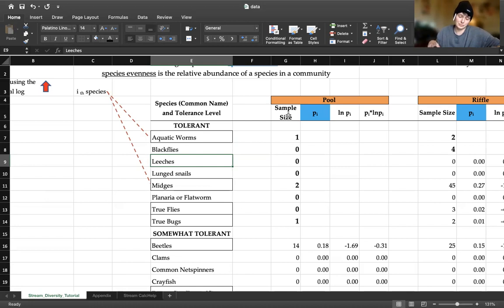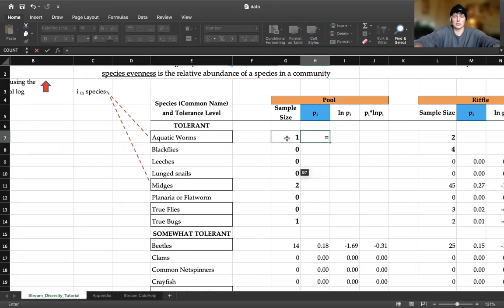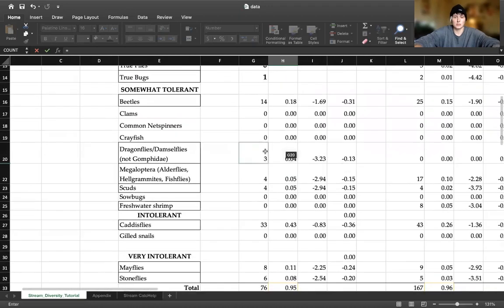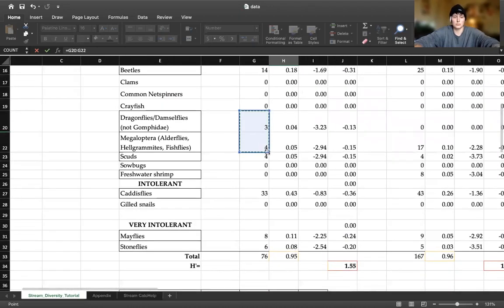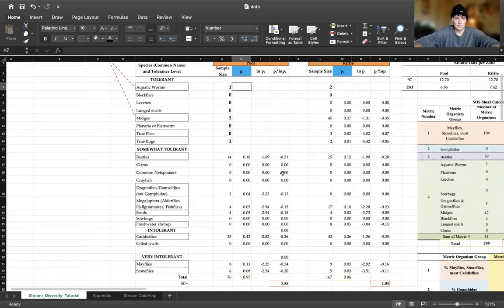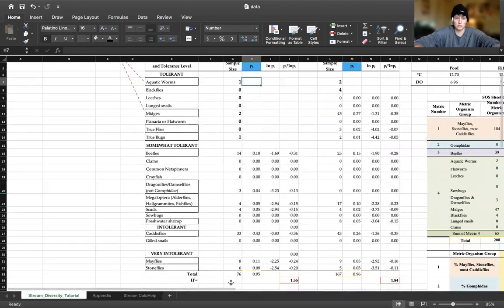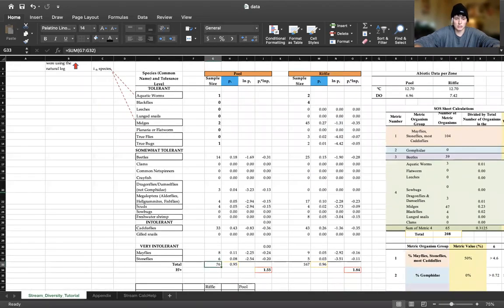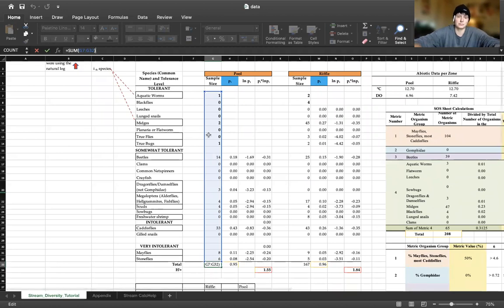So to calculate the p sub i, it's going to be the sample size divided by the total. Down here, I have the total, which is 76, and that's just going to be the sum of this entire column.